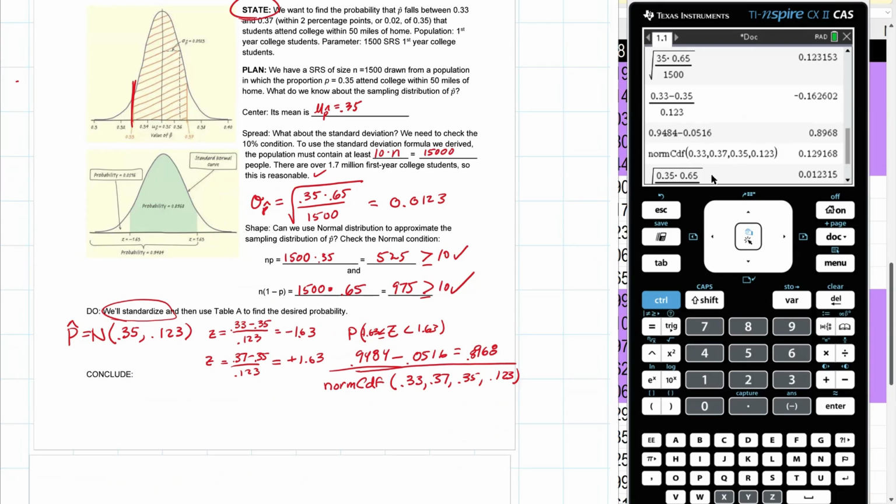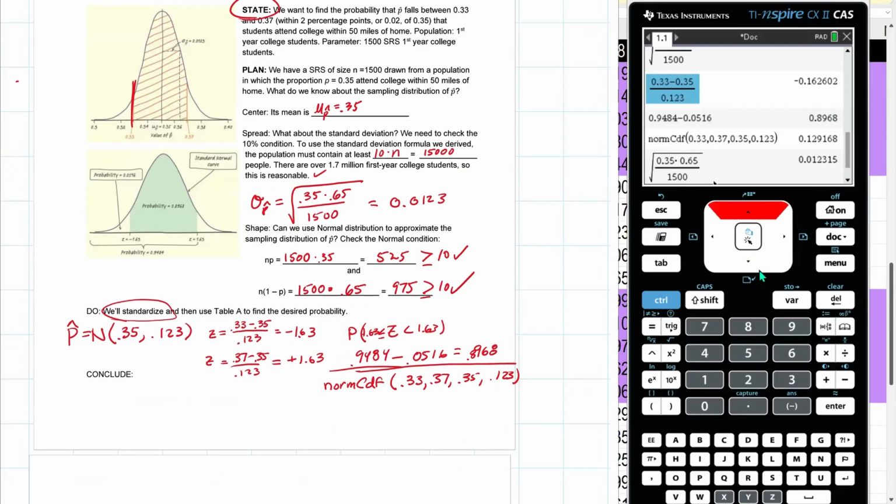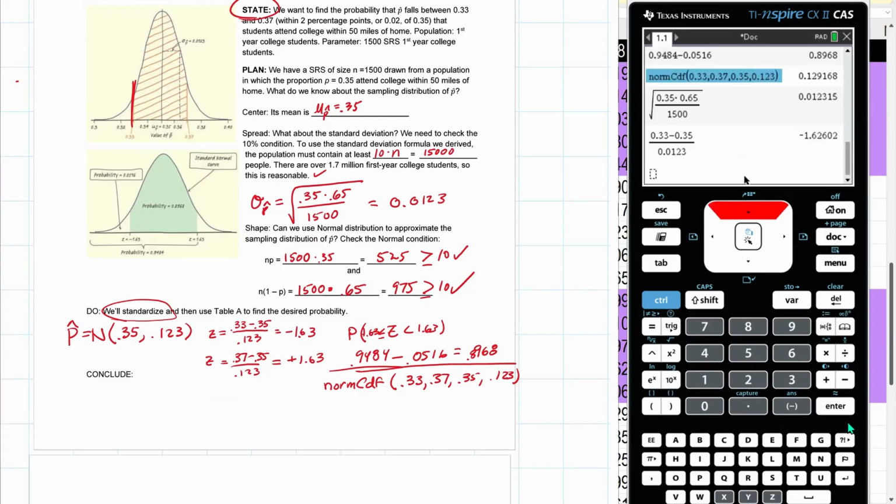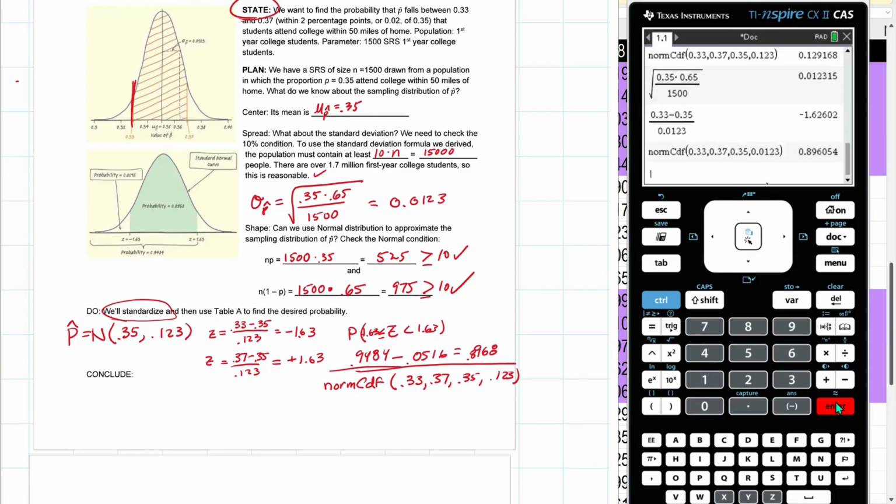I screwed up that Z calculation. Let me see if I can fix that. And that should be a 0 there. I had the wrong number on the calculator, wrote the right number. Okay. So now that we've cleared that up, we'll go back to normal CDF. And I put a 0 in here. And boom. There's our 89%, just like we saw there.